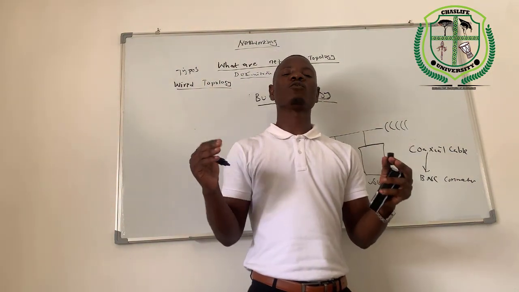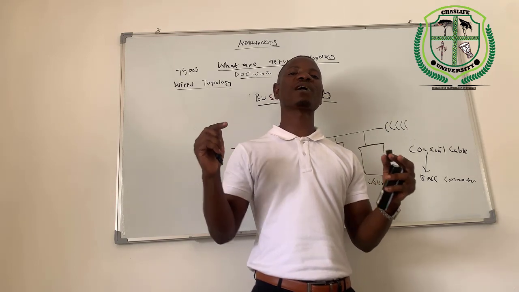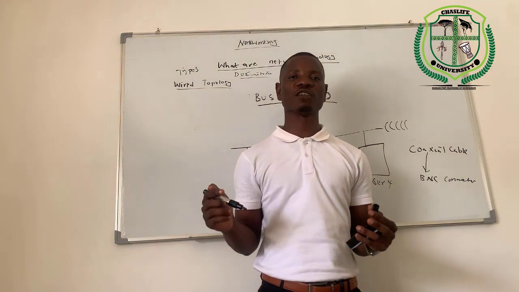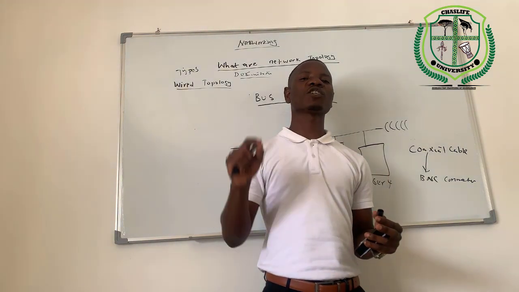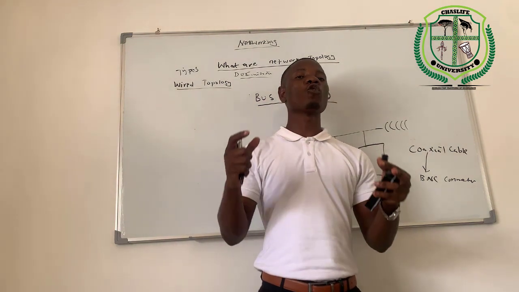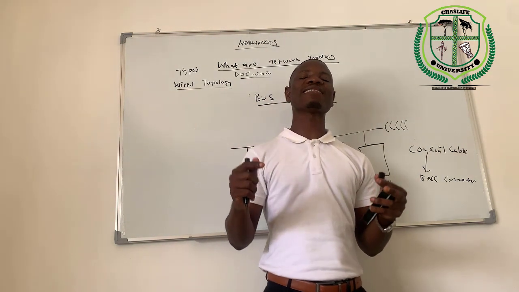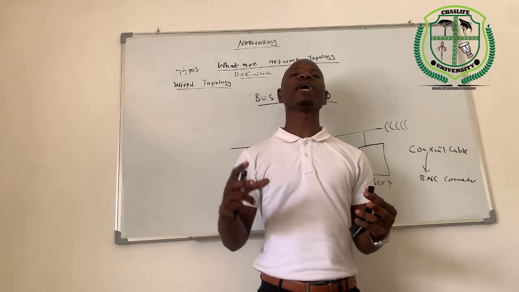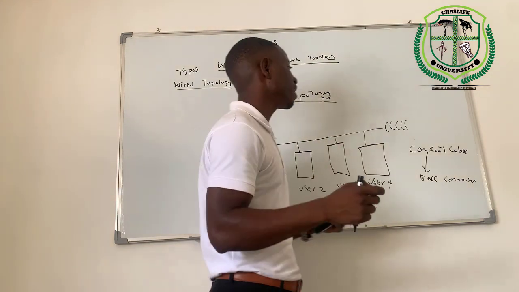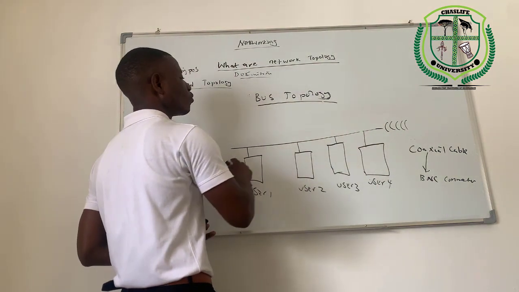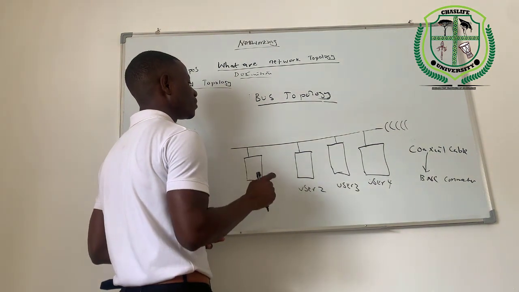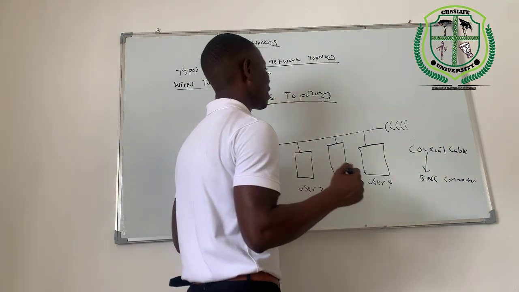So when the terminals are not part of the bus topology, it brings in signal reflections, and if there are signal reflections, it will affect the transmission of data. The terminals at the far end of the bus topology help to prevent signal reflection, because if there is signal reflection, the networking will be disrupted within the bus topology.